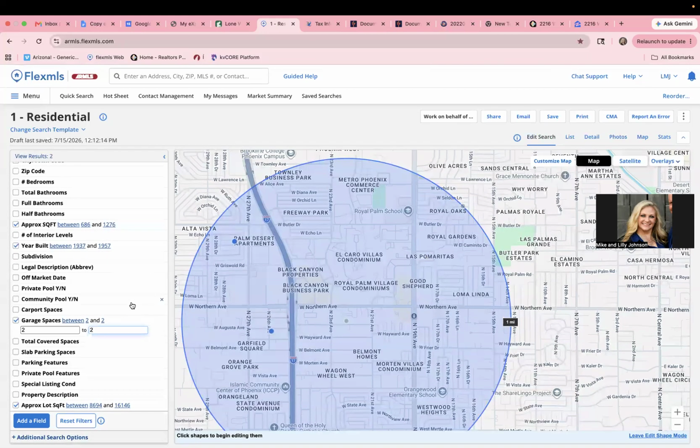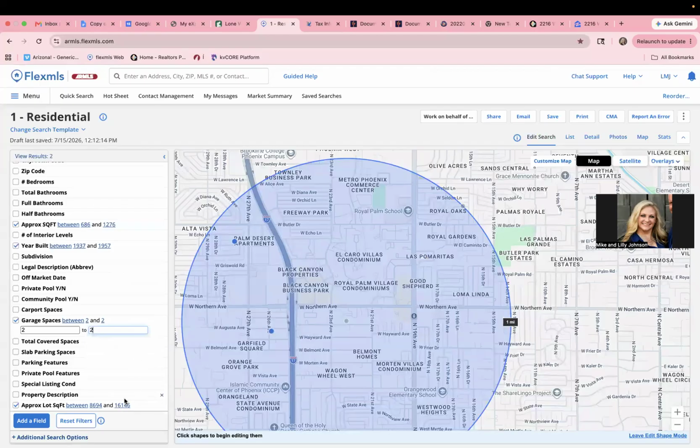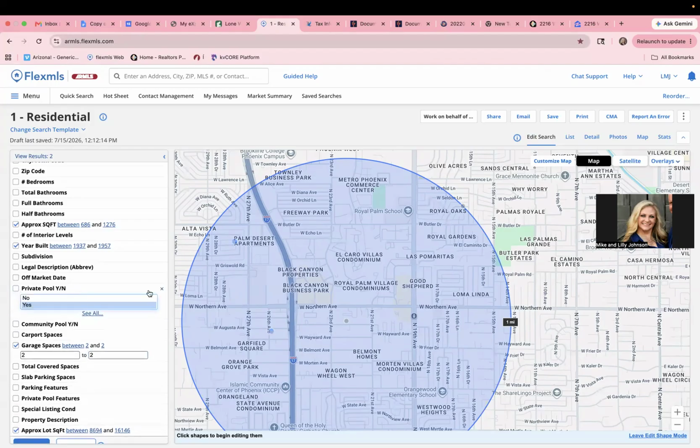And I think I'm going to expand my map, because he's so small and has that big lot square footage. It makes things a little bit more difficult.